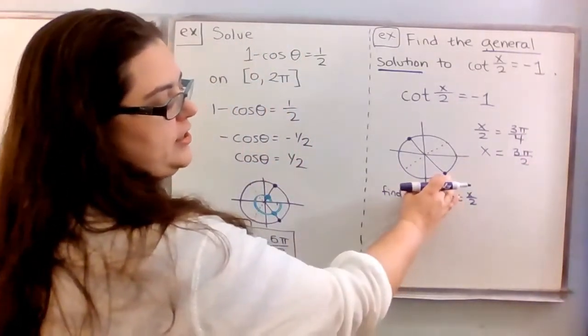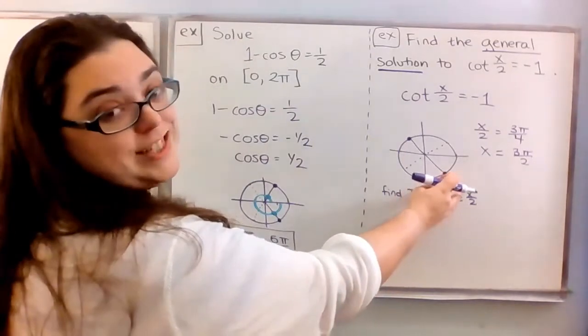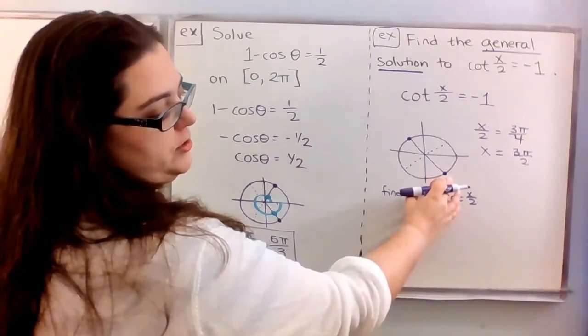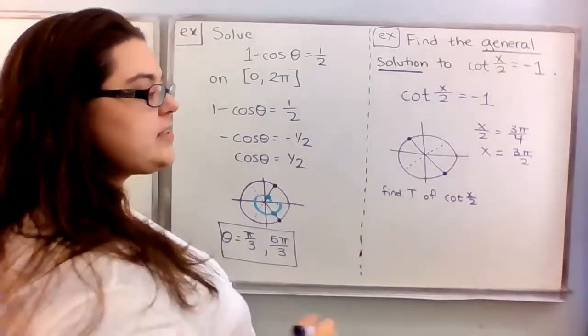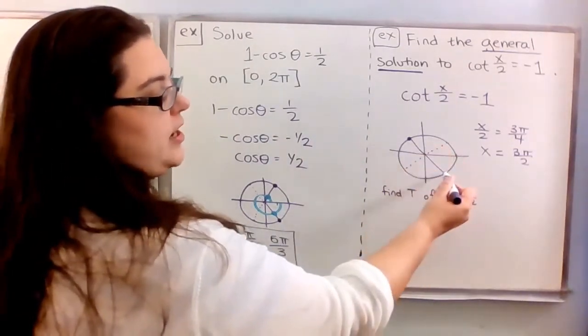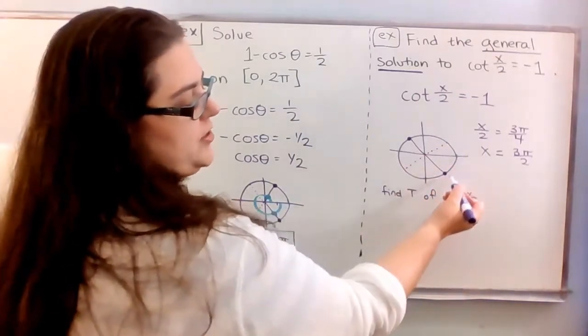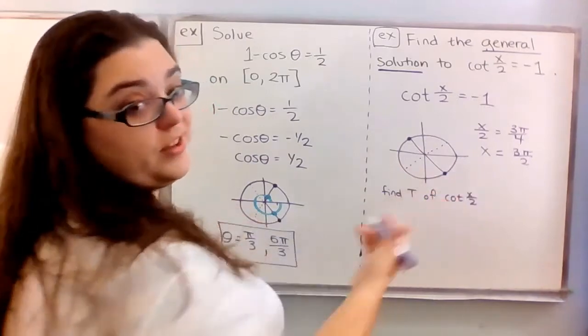Now I can also look at this angle down here. Okay, this is a second kind of base place where I could get -1 for cotangent. In this instance, I could count around and get, what would that be, 7 pi over 4? Or I can go backwards and call it negative pi over 4. So that's what I'm going to do.